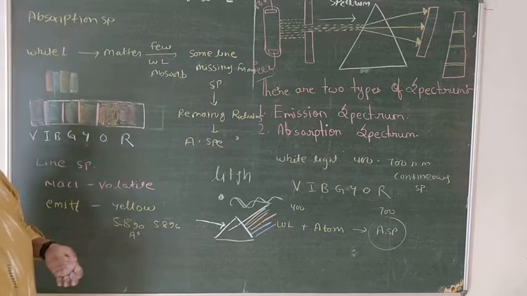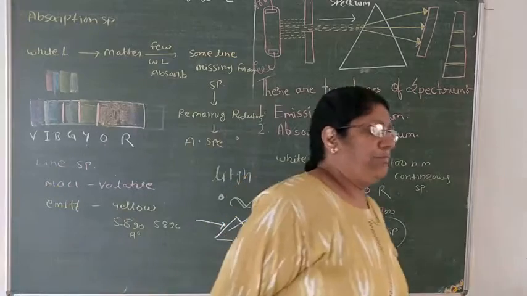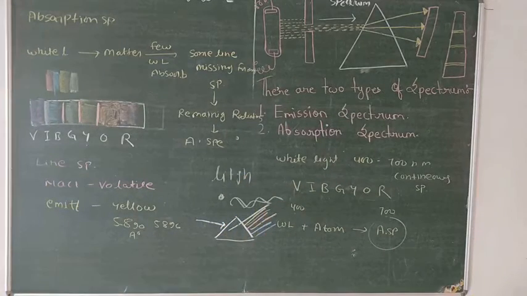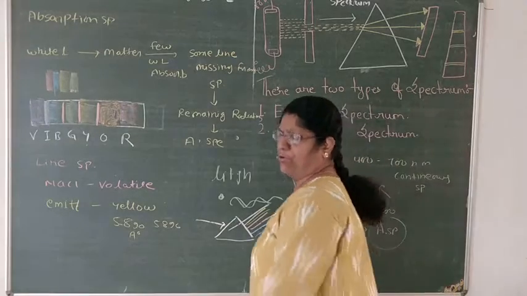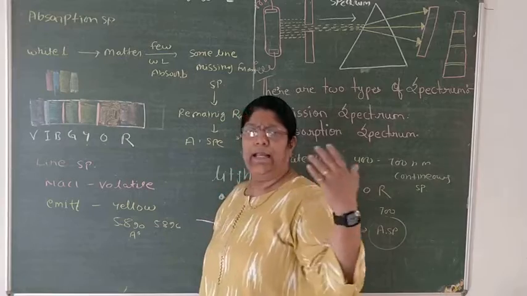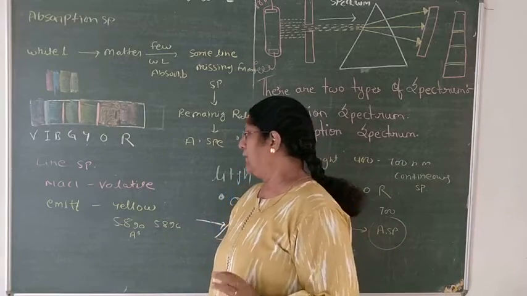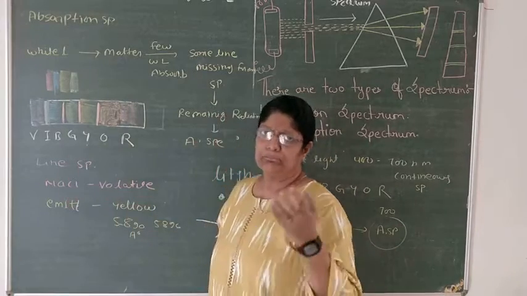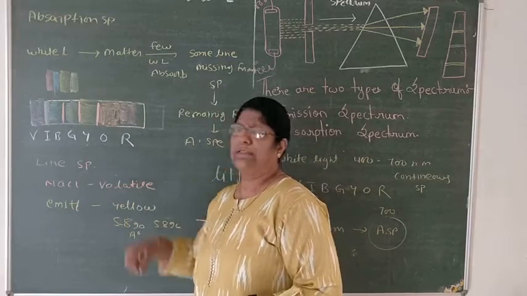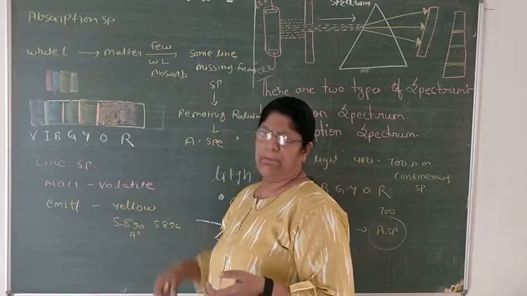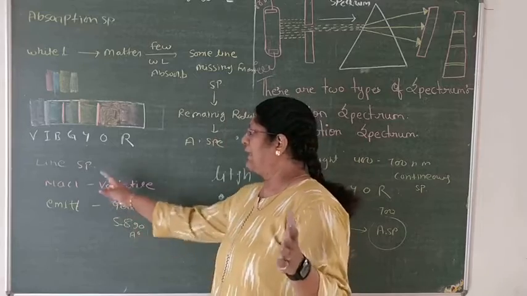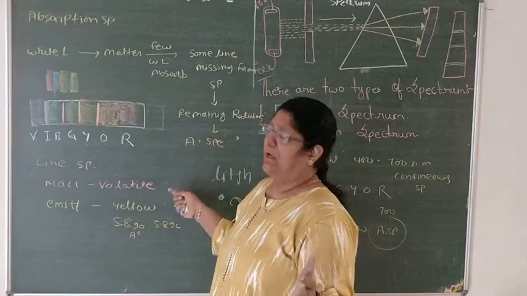So in case of line spectrum, what do we have to do? Only one thing. We take any volatile element like potassium chloride, sodium chloride, any element which we require. As we give some energy to this sodium chloride, it vaporizes and its electrons get excited.